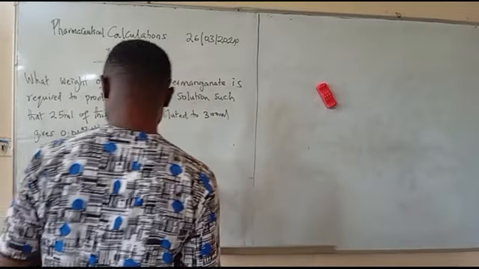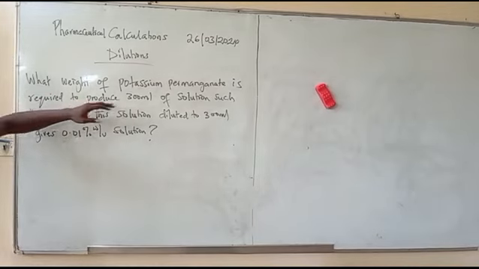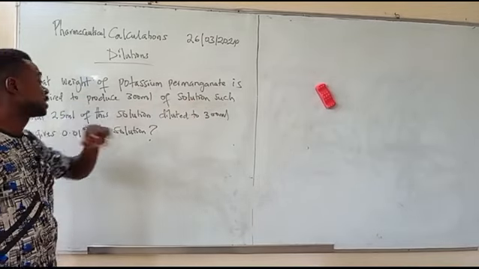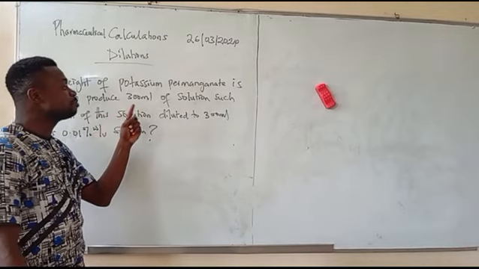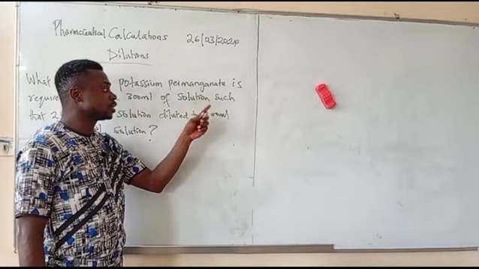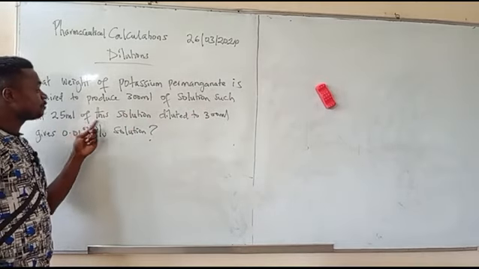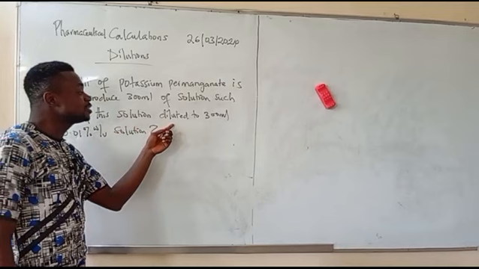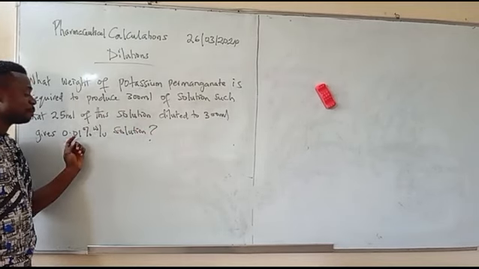If you look at this question, a certain potassium permanganate was dissolved in water, a 300 ml solution. They did not tell us the weight of potassium permanganate used, and they didn't tell us the volume of water they used.